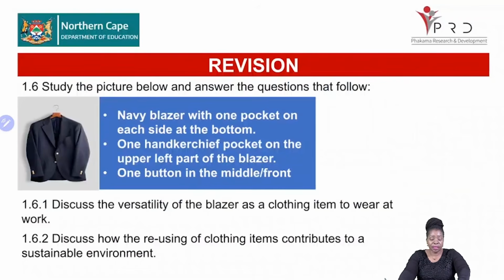So the question says, discuss the versatility of the blazer as a clothing item to wear at work. And 1.6.2 says, discuss how the reusing of clothing items contributes to a sustainable environment.